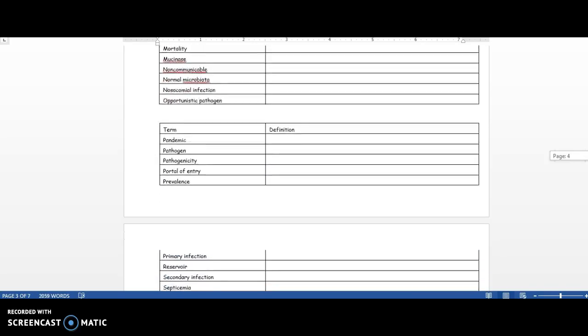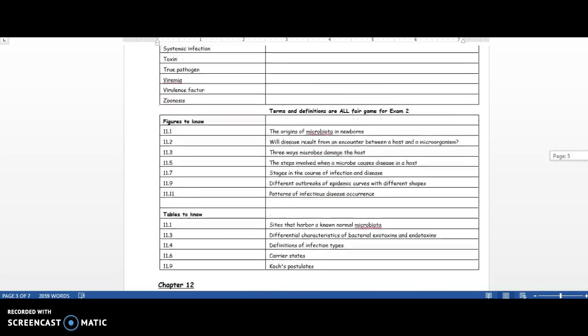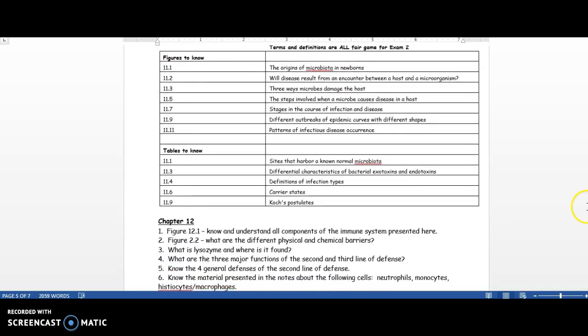All right, so quite a few terms here, and then figures to know. This is going to be more of the conceptual components. All right, figures 1, 2, 3, 5, 7, 9, and 11 from chapter 11 look at the ways microbes can damage the host, the steps involved when a microbe causes disease in a host, stages of the course of an infection and disease.